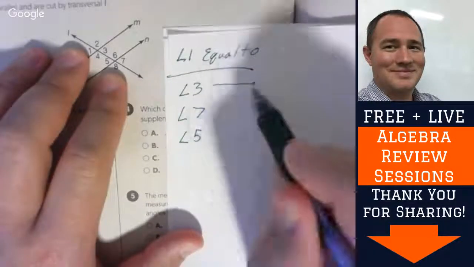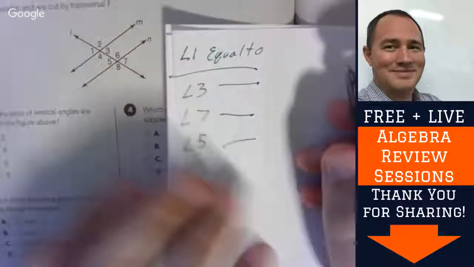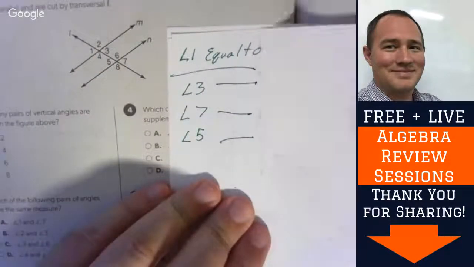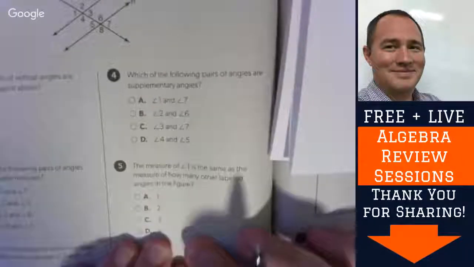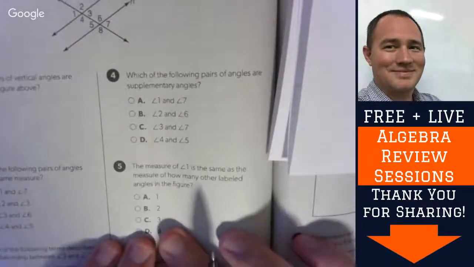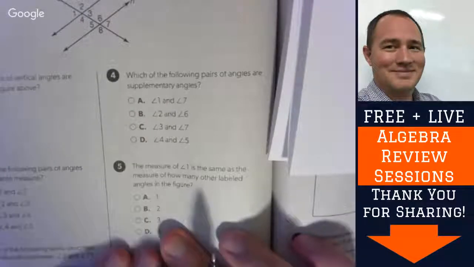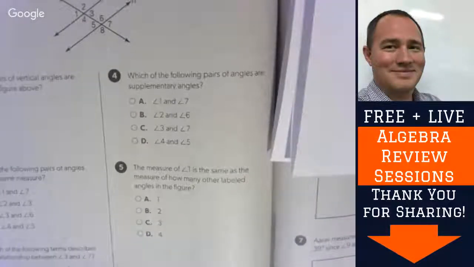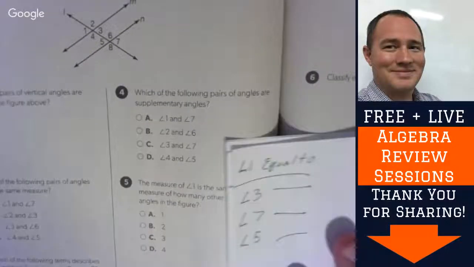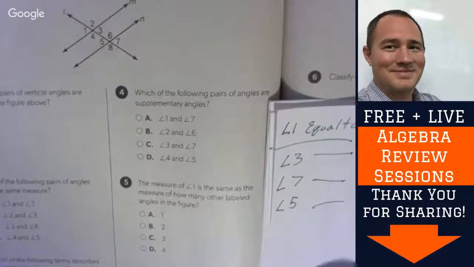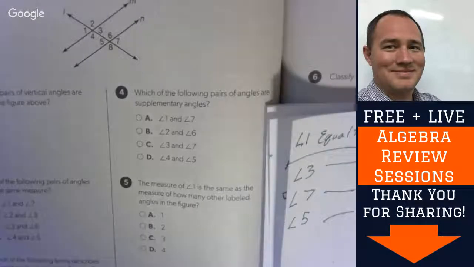So how many is this? That's 1, 2, 3. So 3 of these are equal, so C would be the correct answer here. Three angles have the same measure as angle 1.